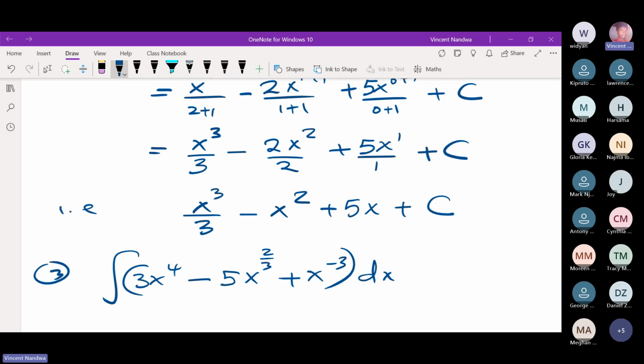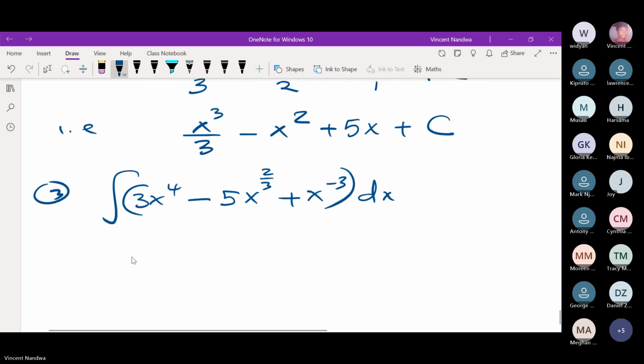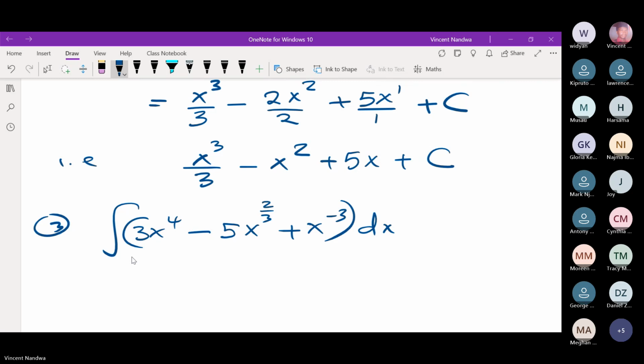So try to compute the integral of that given function. When you get the answer, you unmute and say it.